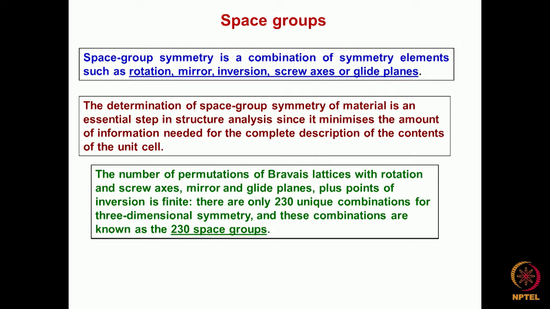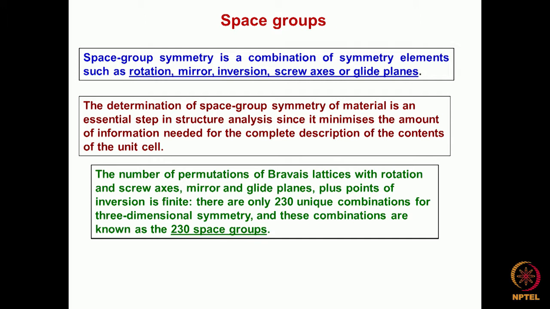Then I mentioned also about space groups. What is a space group? A space group is a combination of various point group symmetry operations, alone or together. If it is acted upon different lattice points, what type of symmetries are generated?